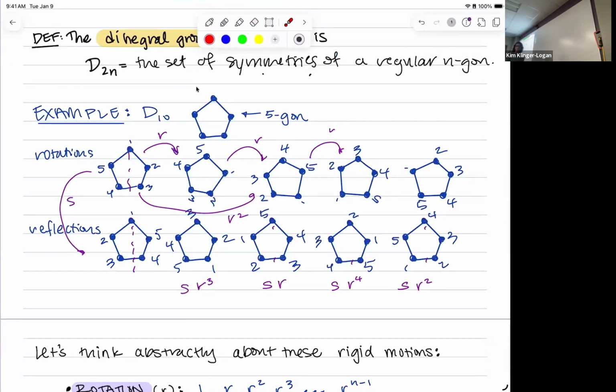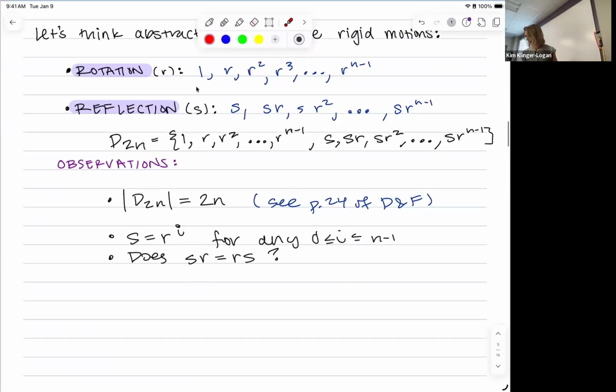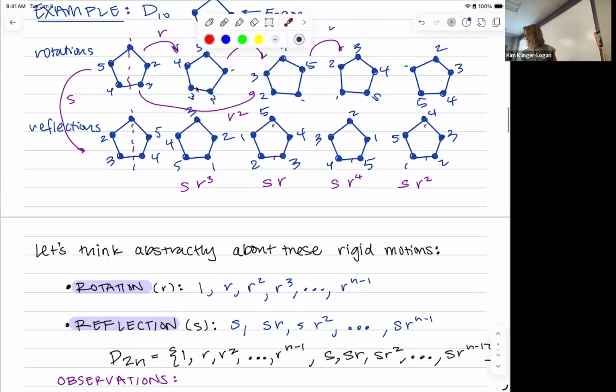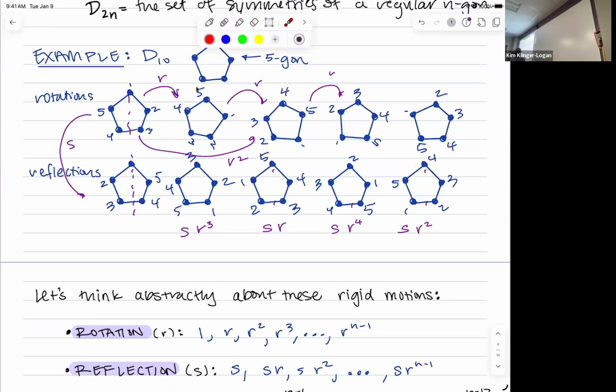Wait, maybe I'm reading it backwards. Well, let's see. So I do R, and then applying S would mean swapping these things. So that puts me here. So I think that one works, right? Yeah, so this one is equal to SR.